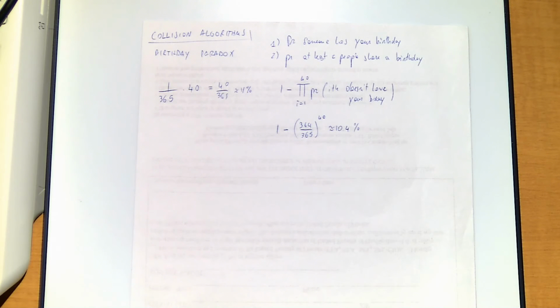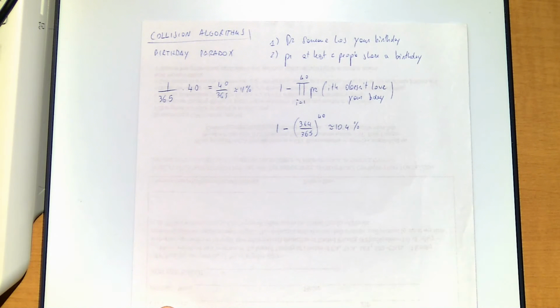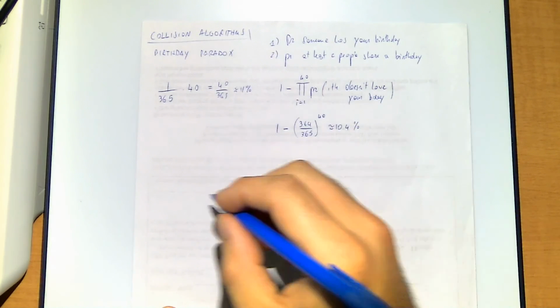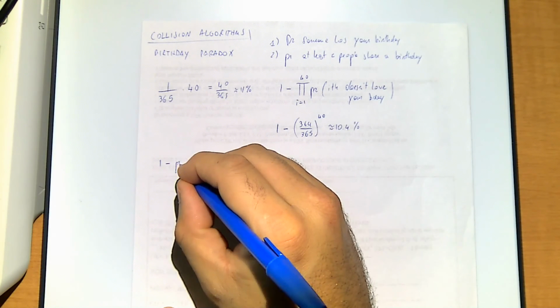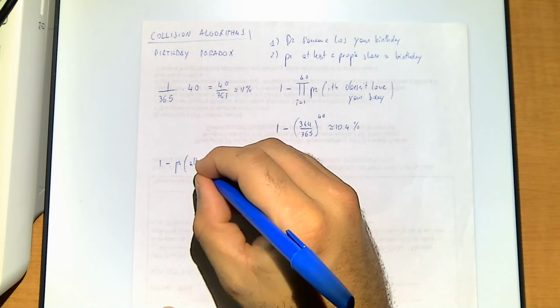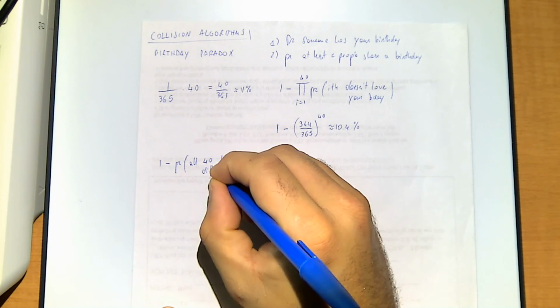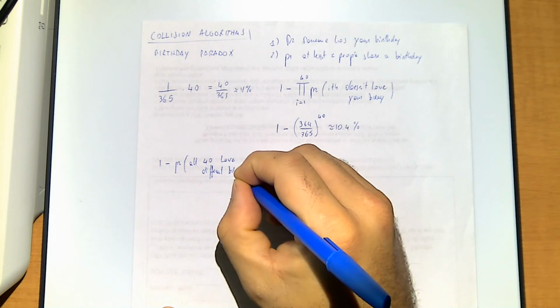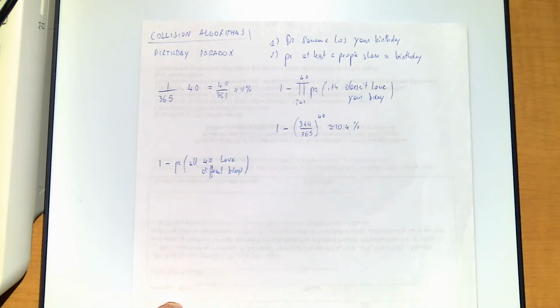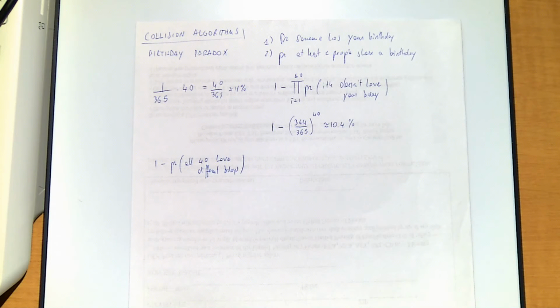What we can do is compute the probability that people have the same birthday as 1 minus the probability that all 40 have different birthdays. You see why it's important to use the complement? We're already using it twice here.